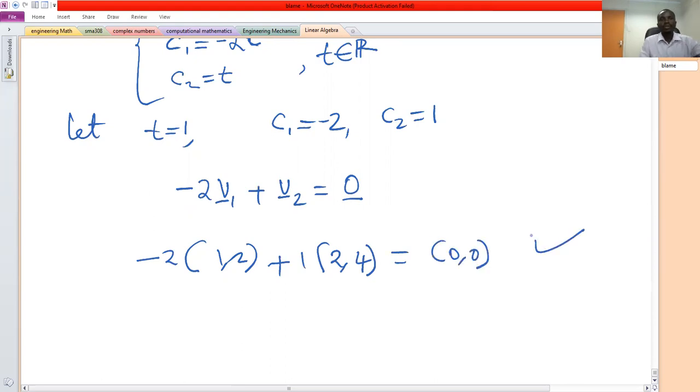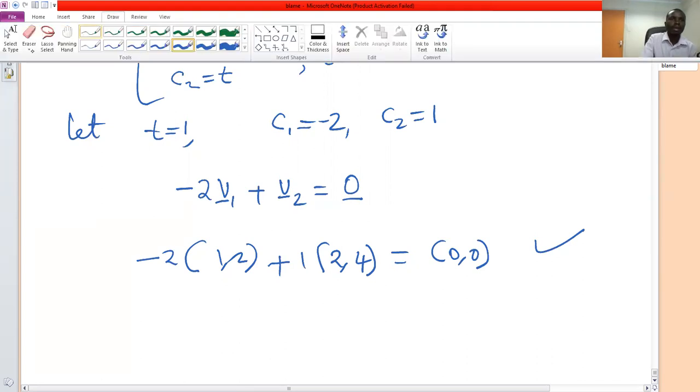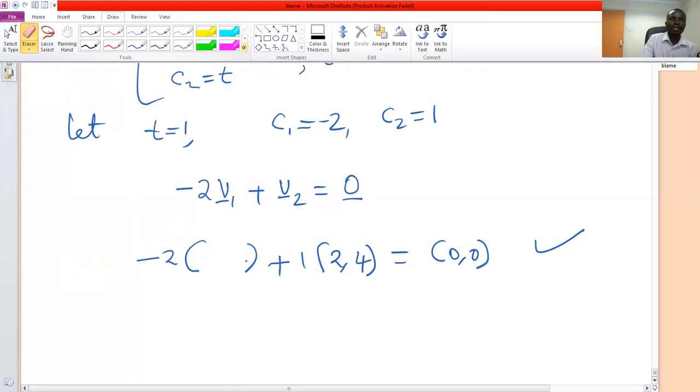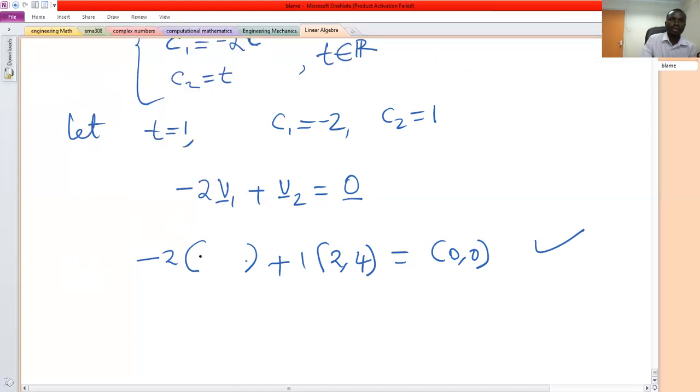Therefore, V1 and V2 given in S1 are linearly dependent, because you see we have both C1 and C2 non-zero.